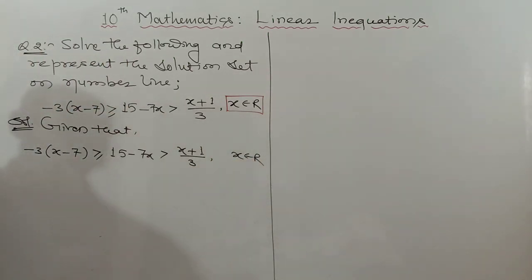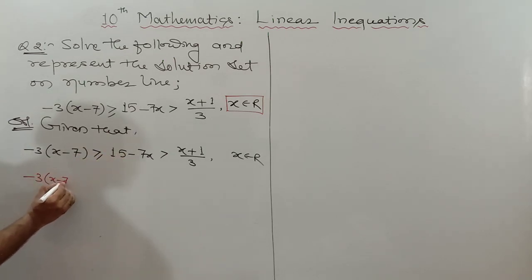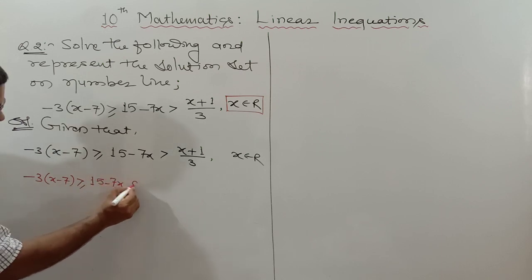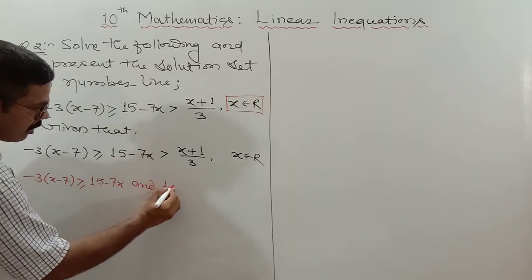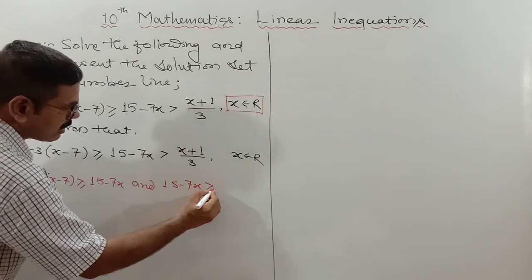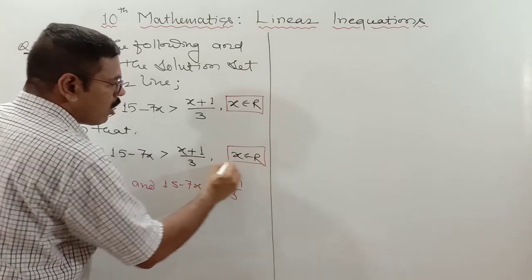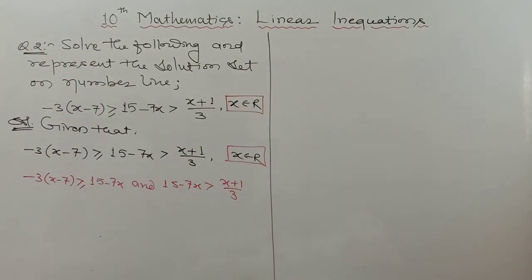Now we are just taking these together: -3x minus 7 is greater than or equal to 15 minus 7x, and 15 minus 7x is greater than x plus 1 upon 3. That x belongs to R we need not write always. Try to understand the second term. I don't think there is any doubt.